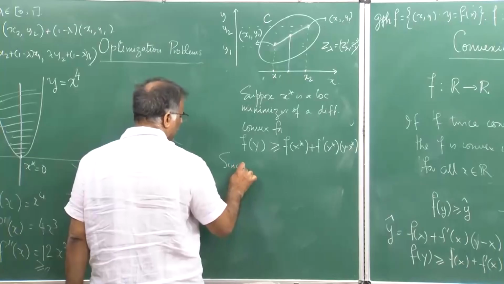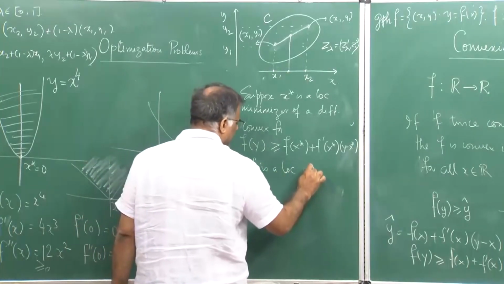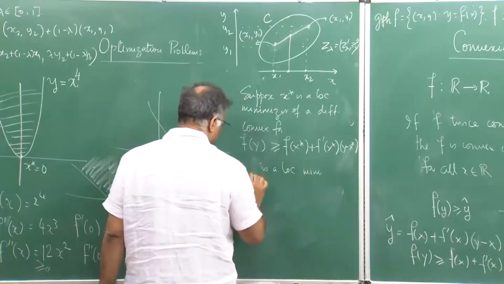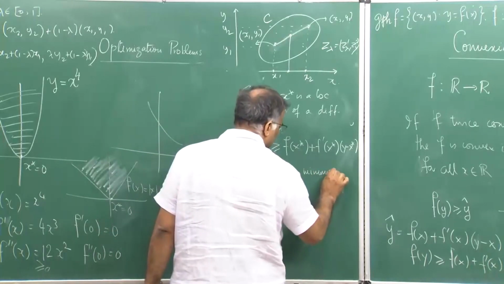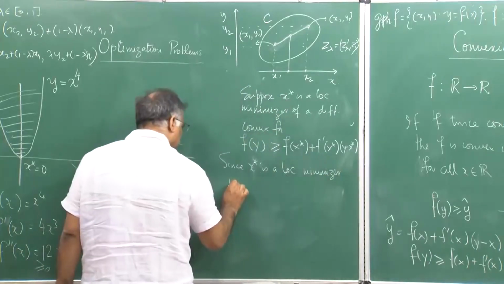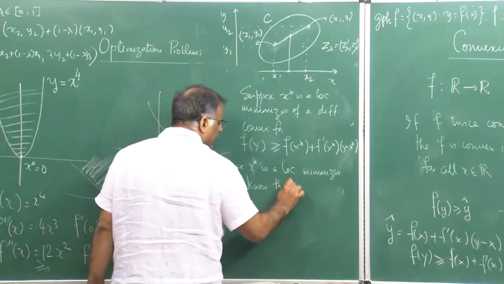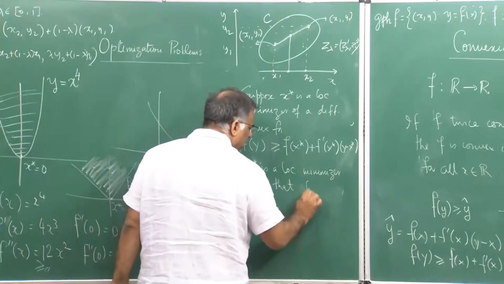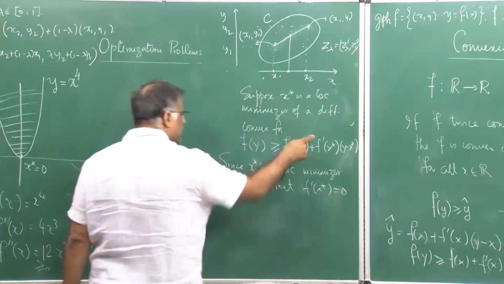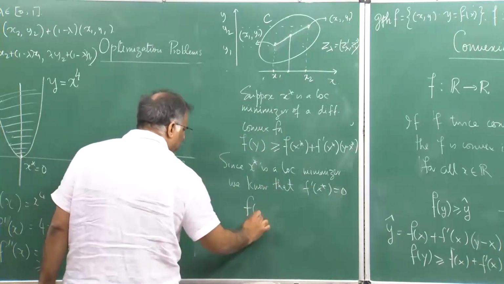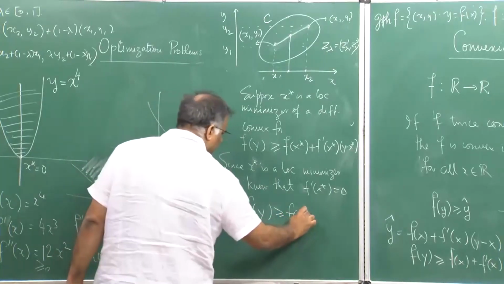Since x star is a local minimizer, we know that f dash of x star is equal to 0, and let us plug that 0 in here. So, it implies f of y is bigger than or equal to f of x star.